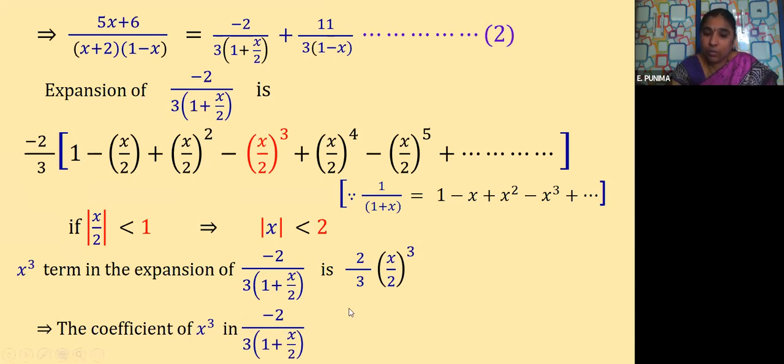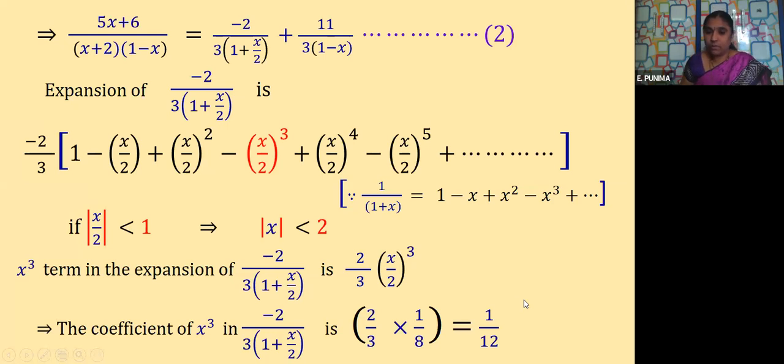Here 2 by 3 into x cube by 2 cube it is. That is nothing but 1 by 8 we get. Yes. So 1 by 8 means what? 2 ones are 2, 4s are. If you cancel, what are you getting, children? 1 by 12. I don't know, children, whether it is visible to you or not.